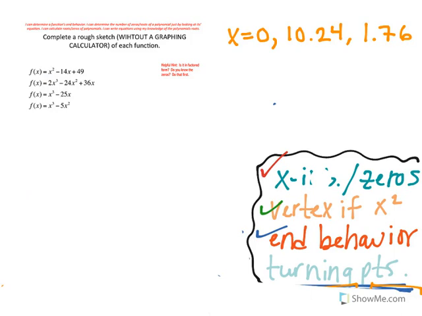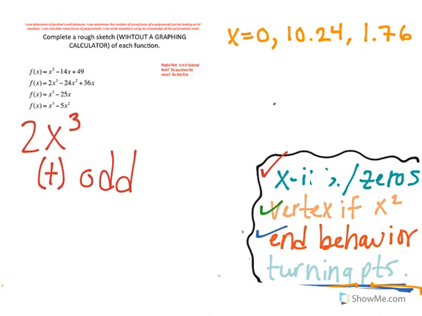This function isn't quadratic, so I don't really need to find the vertex, but I do need to find the end behavior. The end behavior says, look at your leading term, which is 2x cubed. I have an odd power and a positive coefficient. Okay? And so look back in your notes, what does that end behavior look like?